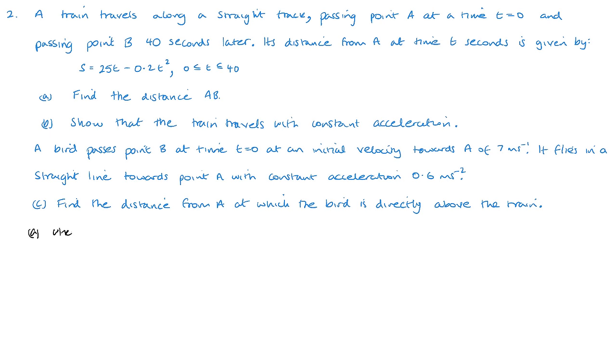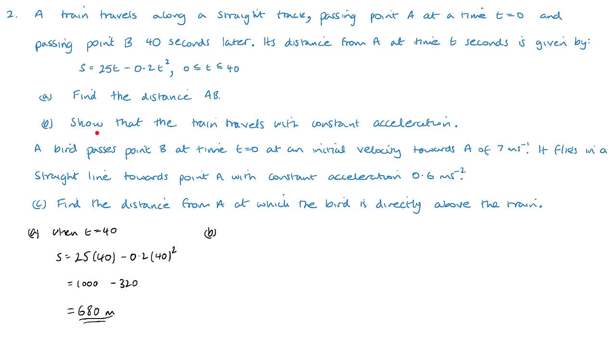So when t equals 40, S equals 25 times 40 minus 0.2 times 40 squared, which is 1,000, and 40 squared times 0.2 is 320, which leaves us 680 meters. So that is part A complete.